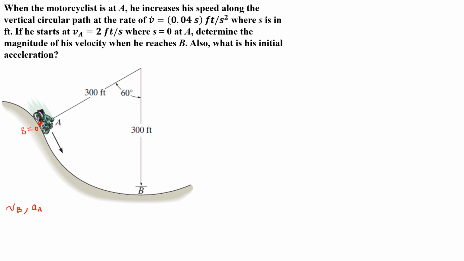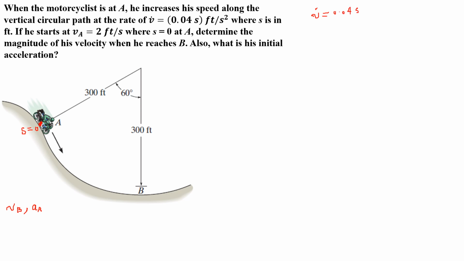We have this acceleration given to be 0.04 s, and v dot here is the acceleration, the rate of change of velocity. So v dot is 0.04 s.